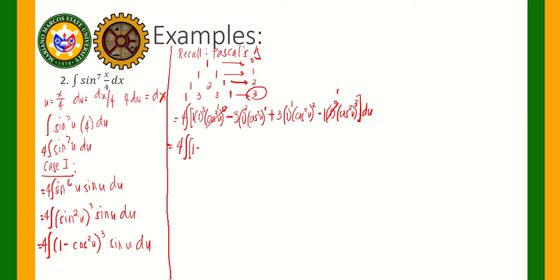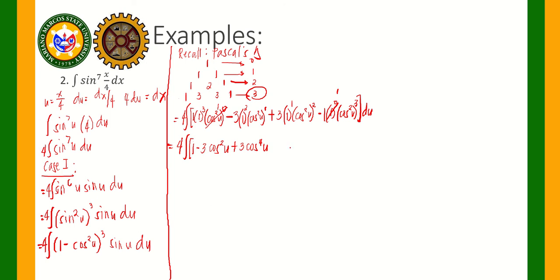And then 1 squared is still 1. So negative 3 times cosine squared u raised to 1 is cosine squared u, so minus 3 cosine squared u. For this one, 3 times cosine squared u squared will be equal to positive 3 cosine raised to 4 u.